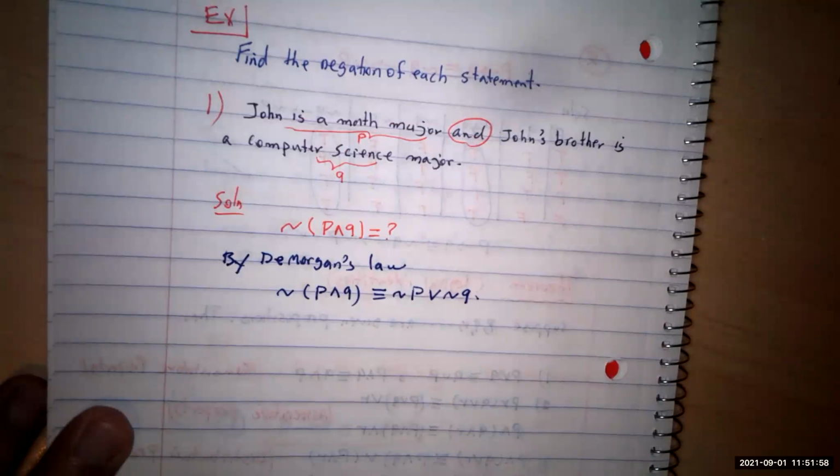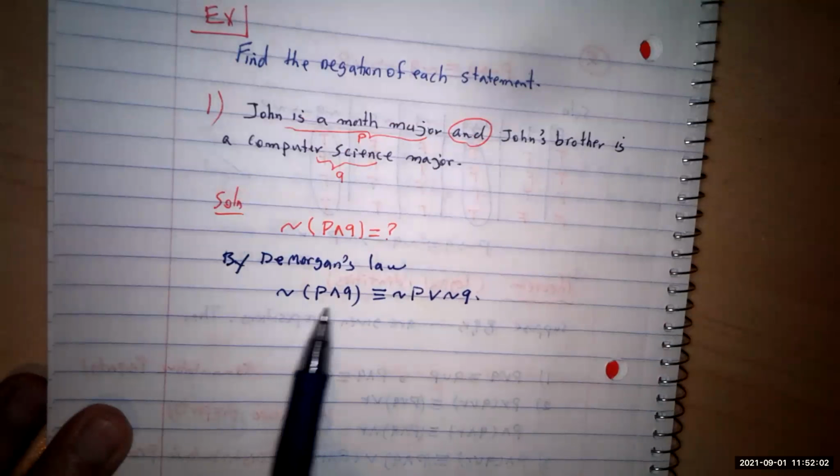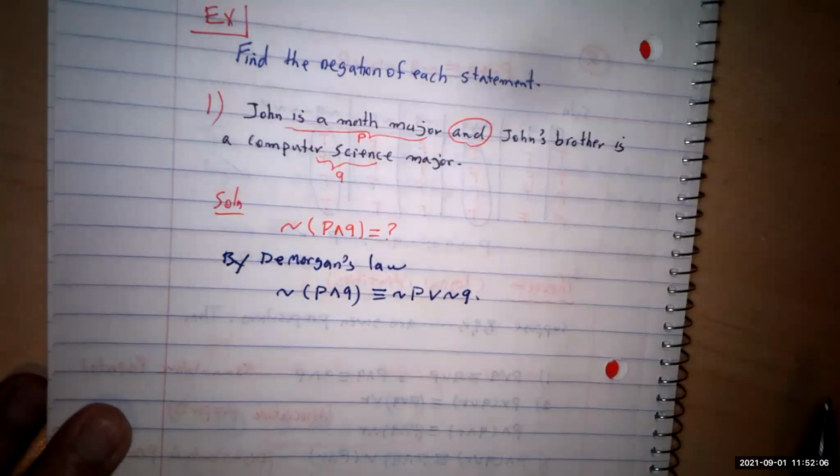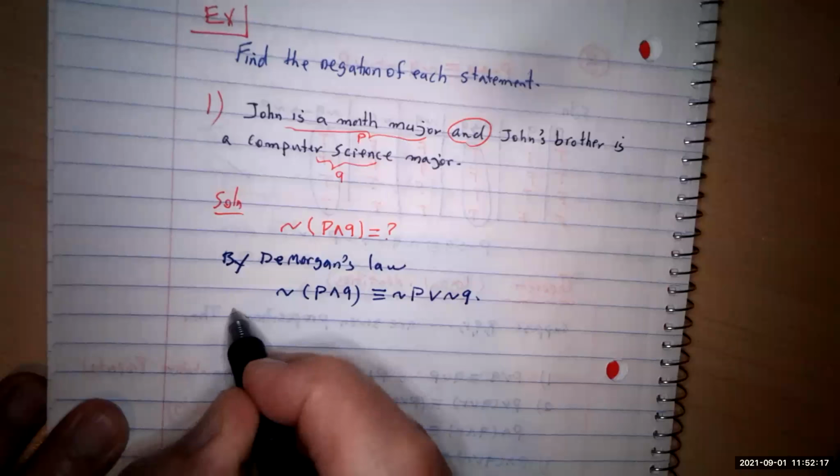Tell us what is the negation. The negation of P and Q is the negation of P or the negation of Q. You want to try? John is not a math major, or John's brother is not a computer science major. Excellent, that's it.